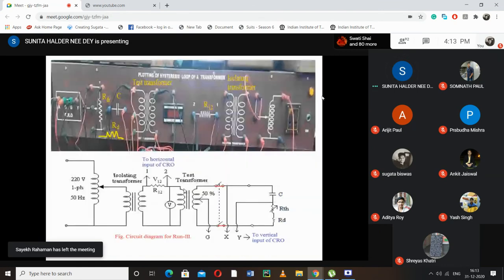The primary circuit is all the same as for run 2. Only the oscilloscope input is changed. For the X plate, it will be V12. For the Y plate, it is VGY, with the condition that VGY is leading VGX by angle theta. So this will be the only change.